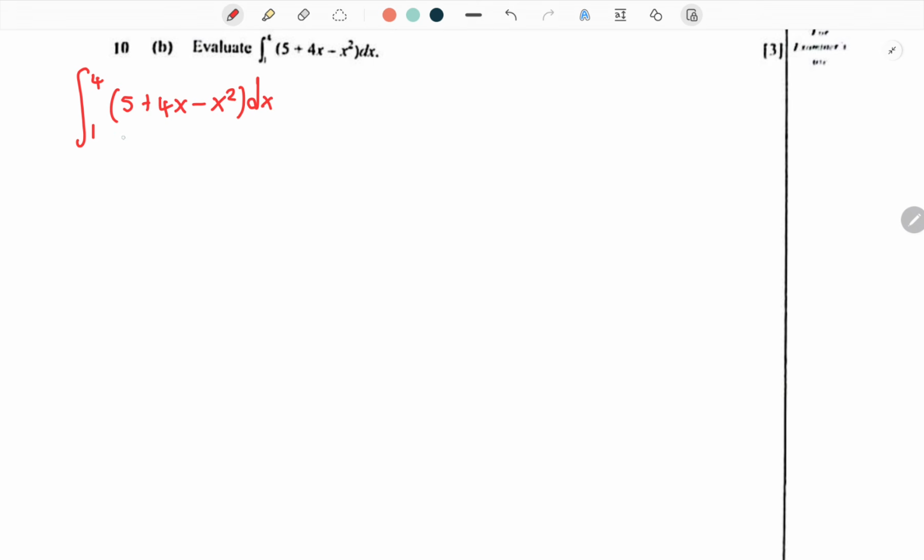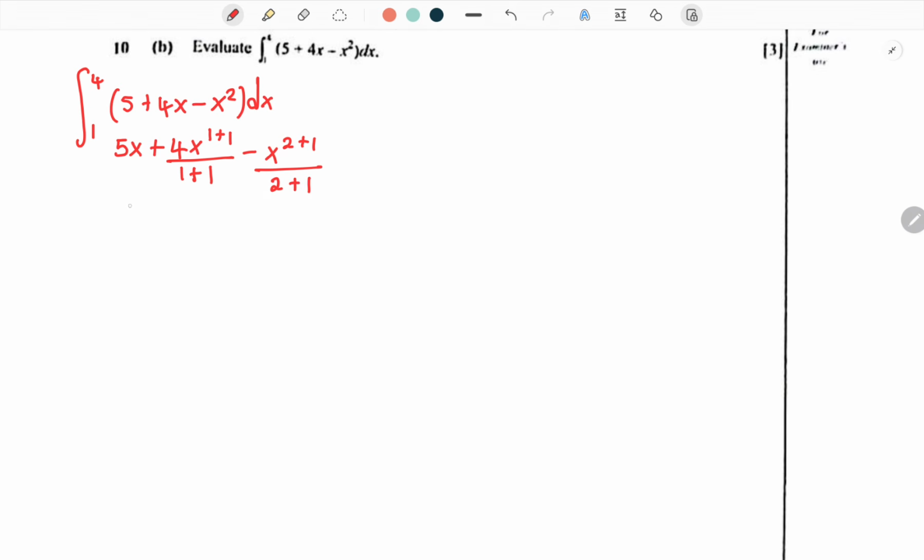So the 5 of course is going to have the x, so whenever you integrate it, it's going to have x, plus this 4 here is going to have x, then 1 plus 1. Whatever you do on top, you also do down there. 1 plus 1, minus x, then to the power 2 plus 1. Whatever you do up there, also the same thing.